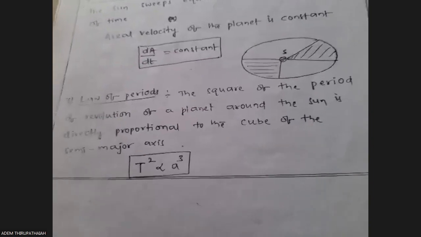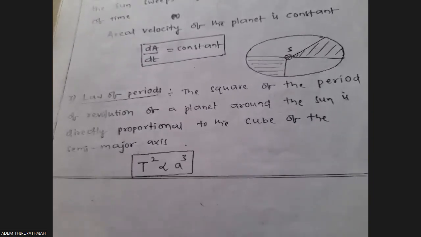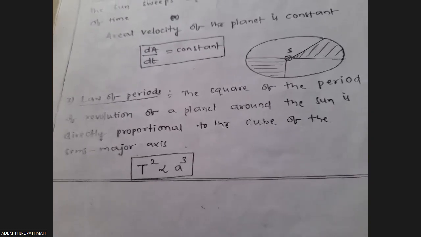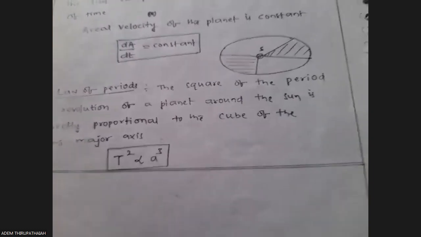Now, what is the law of periods? The square of the period of revolution of a planet around the sun is directly proportional to the cube of the semi-major axis. That means T square. Now, what is a?